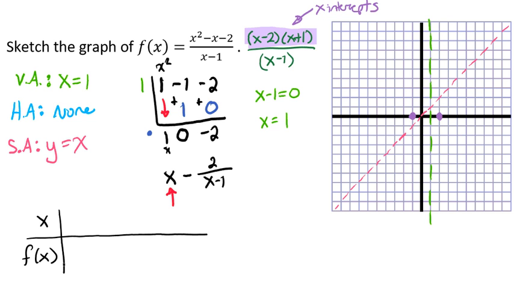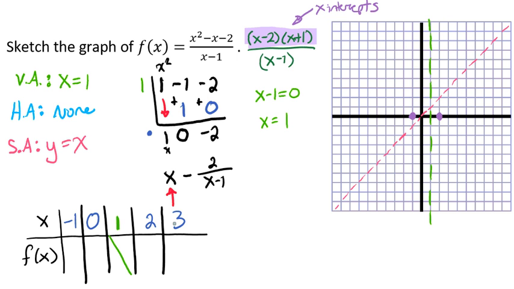So we have a vertical asymptote at 1, and we'll do 2 numbers before and 2 numbers after. And we know we won't have a value there. So let's go ahead and use the points 0 and -1 and 2 and 3.